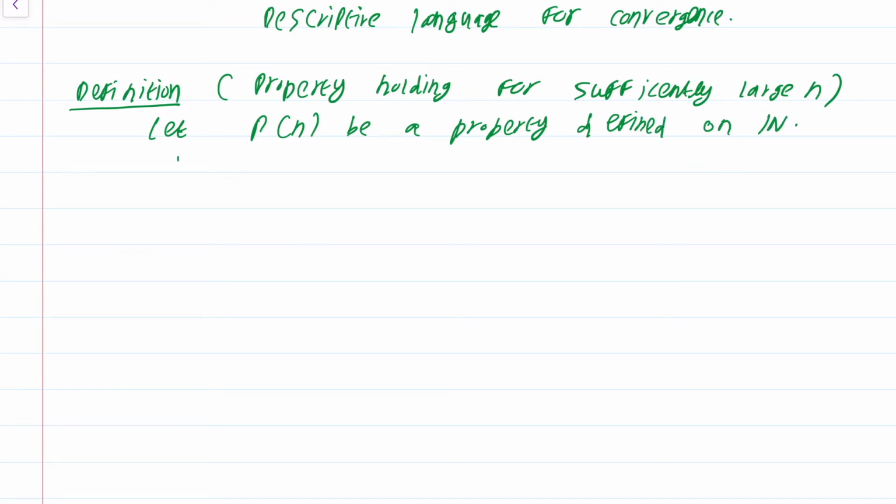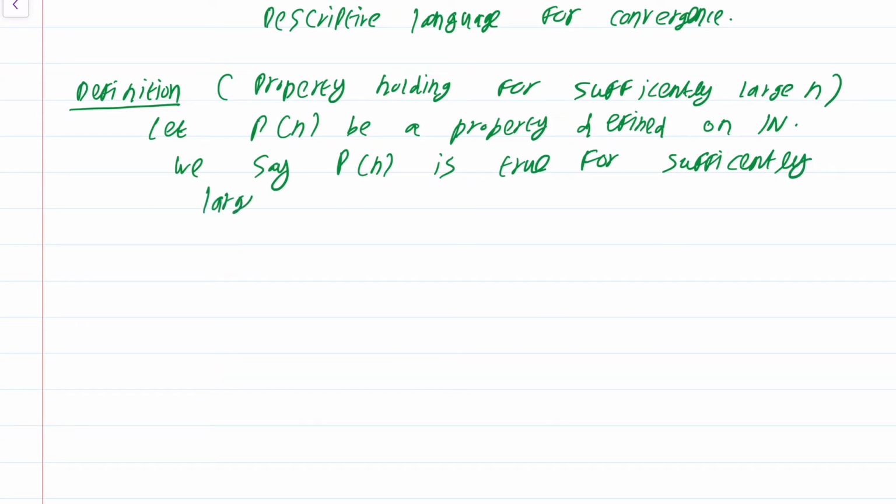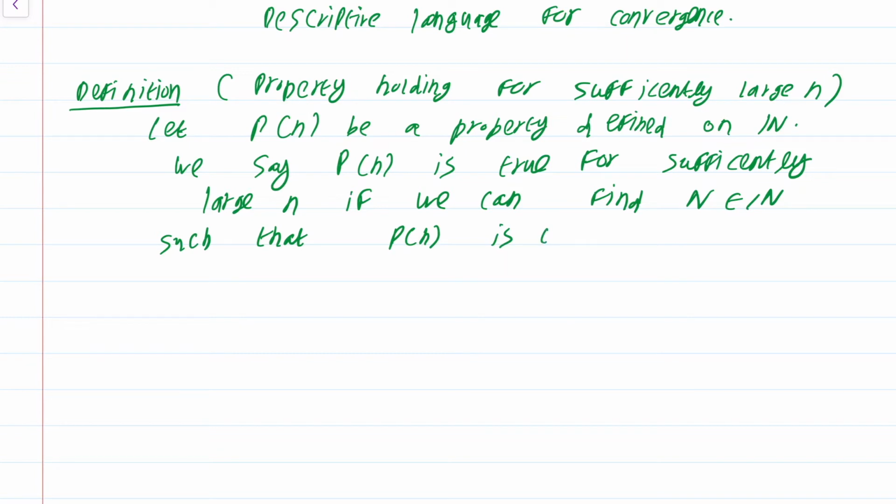We say P of n is true for sufficiently large n if we can find capital N in the natural numbers such that P of n is true if n is greater than N.